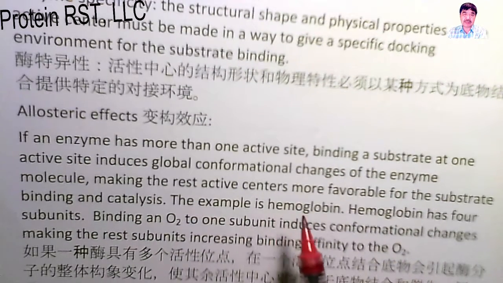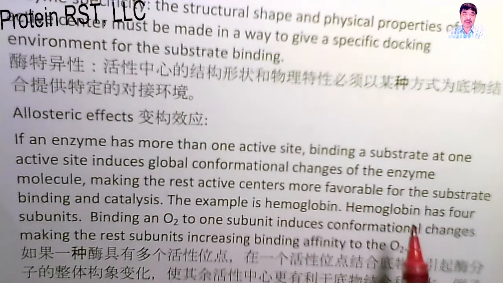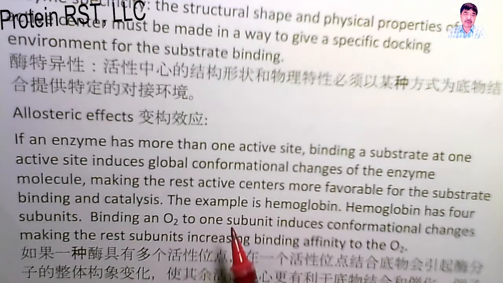The example is hemoglobin. Hemoglobin has 4 subunits. Binding oxygen to one subunit induces conformational changes, making the rest subunits increase binding affinity to the oxygen.